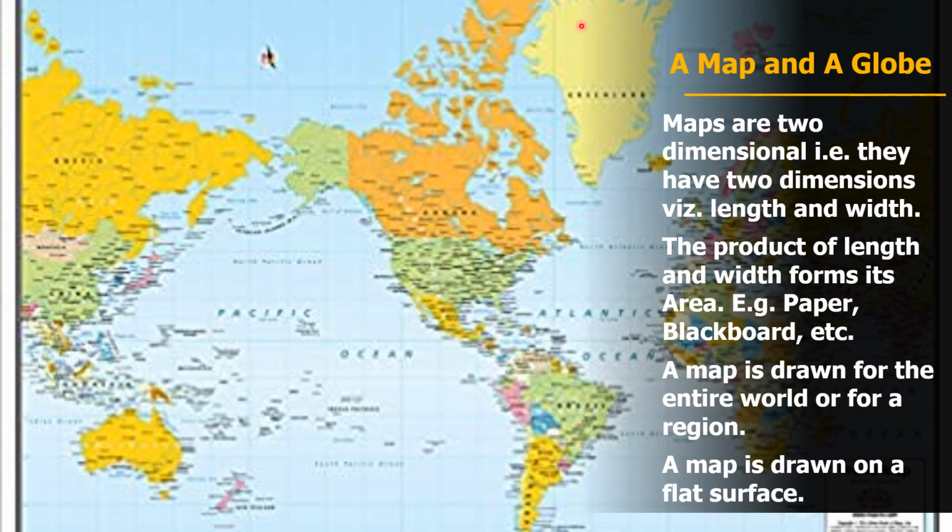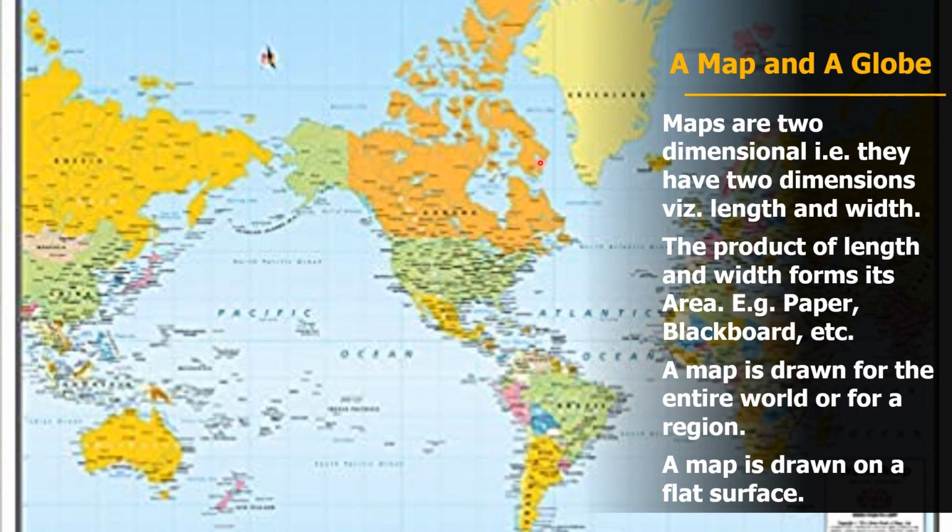These are the dimensions of the map. Okay, the length and the breadth of the map. Now the product of the length and width, in a map we would say it as width, even if it is a breadth. So the product of length and width forms area. That is length into width equals area.